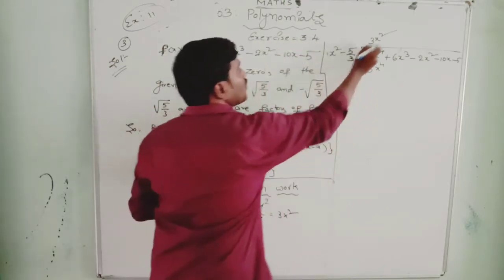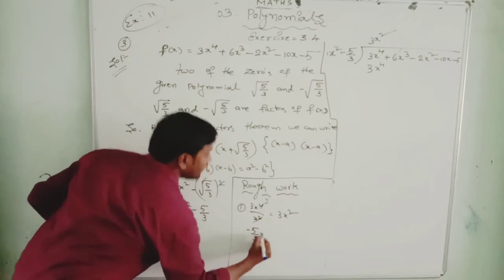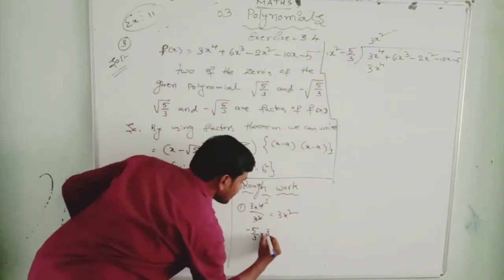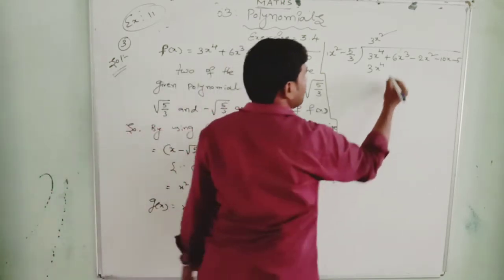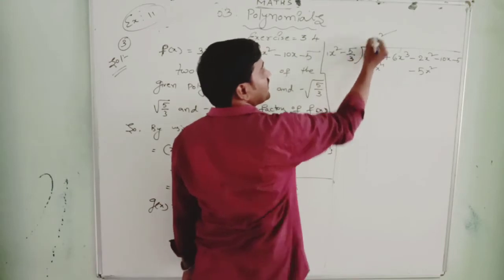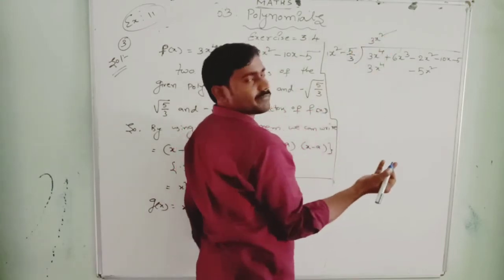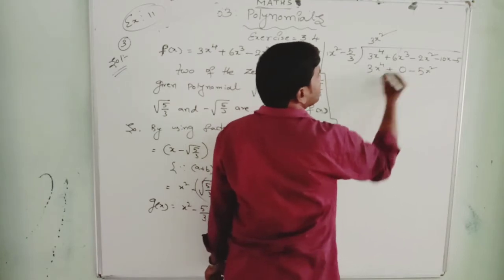Minus 5 by 3 into 3x square, 3 gets cancelled: minus 5x square. Then this term will be 0.